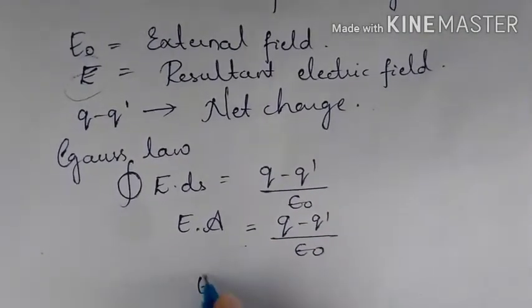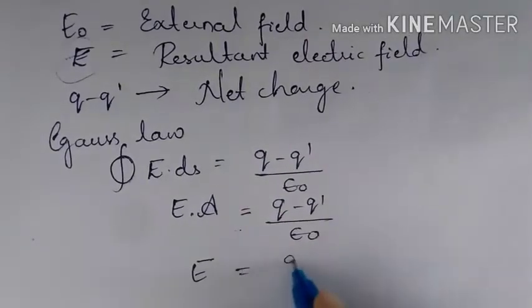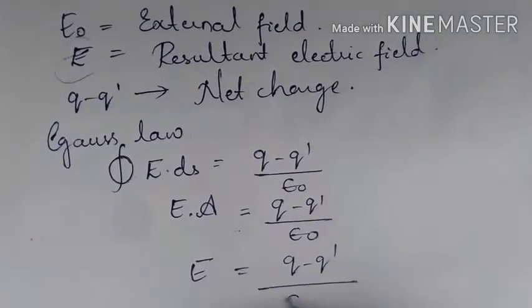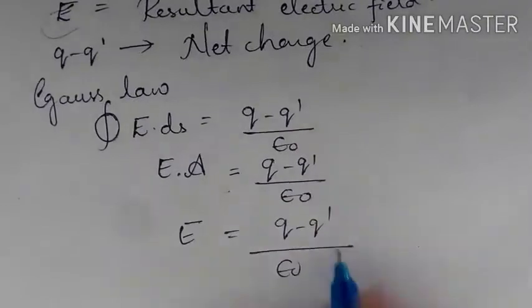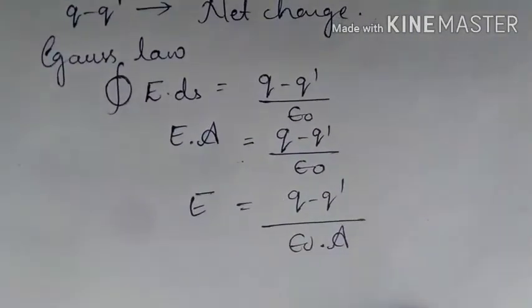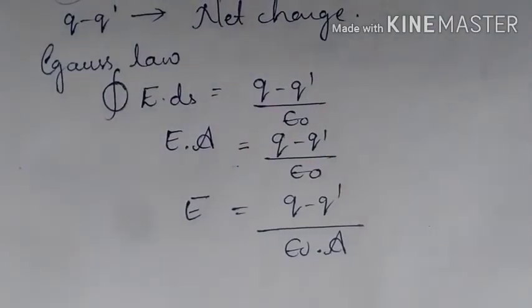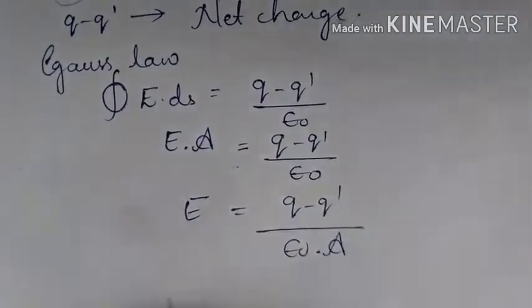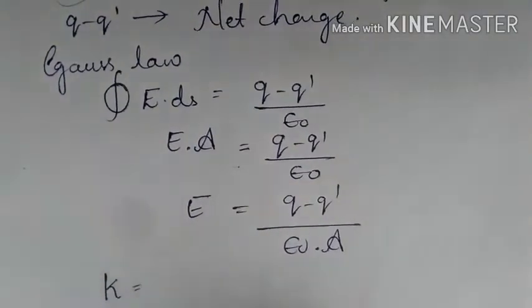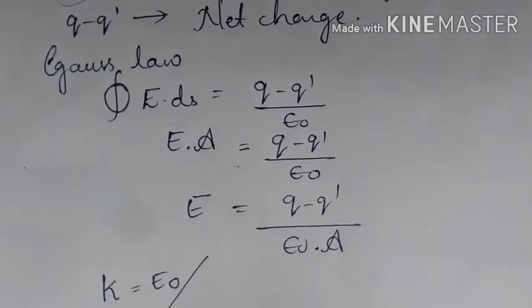If you need the net resultant electric field, E will be (Q minus Q prime) divided by epsilon naught into A. Clear?